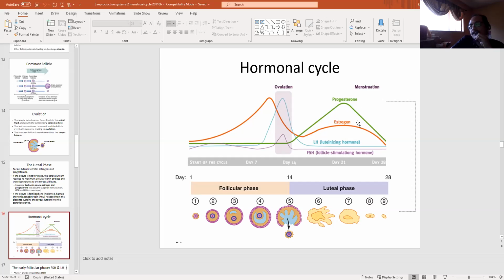Where are they released from? These two are released from the follicles, from the ovaries. So we have 2 major organs to secrete these hormones. One is the pituitary gland, the other is the gonads.